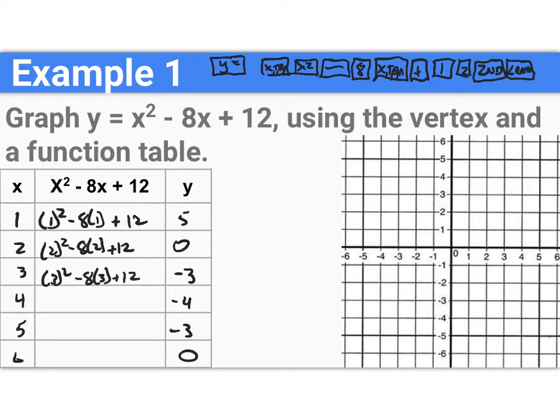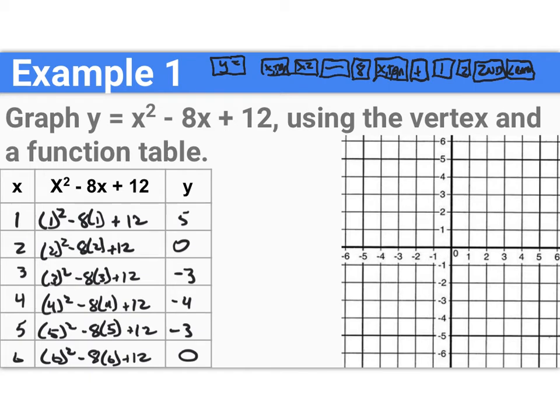And then 4 squared minus 8 times 4 plus 12, and so on and so forth. This is how you would do it by hand. But if you have a graphing calculator, you can just type the function in and get these points.